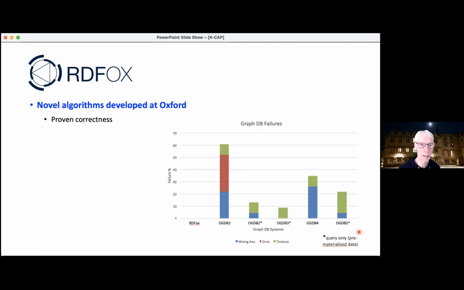But unfortunately, it's very hard to design reasoning systems that way because they're so complicated and interconnected, and all of these other systems were really just broken. They were crashing on several of the test queries, or giving wrong answers, or just timing out, or whatever.